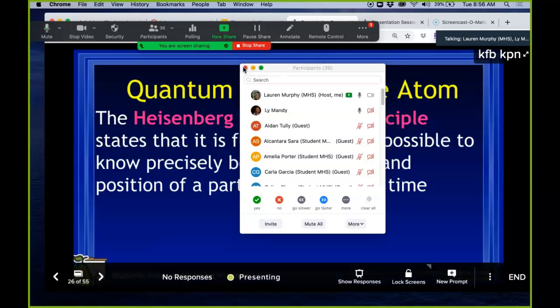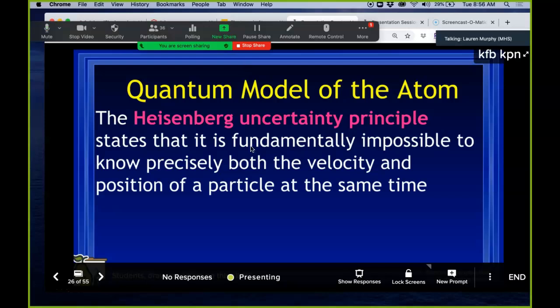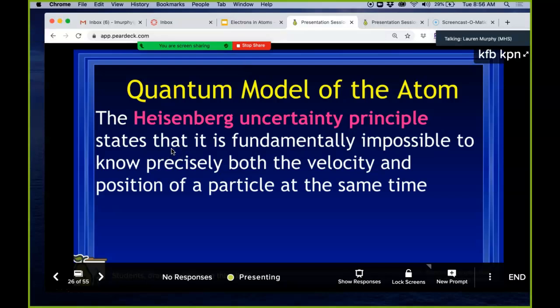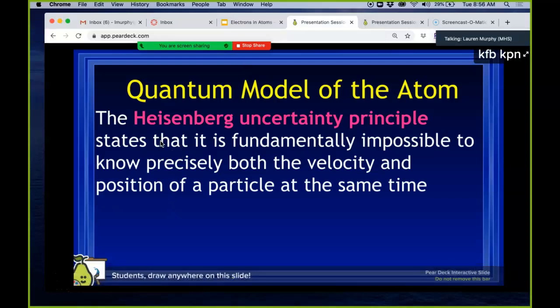Pretty much the Bohr model of the atom was a great way to talk simply about atoms, but the quantum model of the atom included the Heisenberg uncertainty principle, pretty much saying that in physics, it's pretty much impossible to know exactly the speed and position, location of a particle, aka an electron, simultaneously.